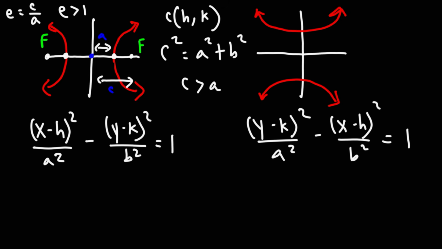For a hyperbola, a is not always larger than b. Sometimes a is larger, sometimes it's smaller, but how you identify a is that it's always associated with the positive term. b is associated with the negative term. That's how you distinguish a from b for a hyperbola.